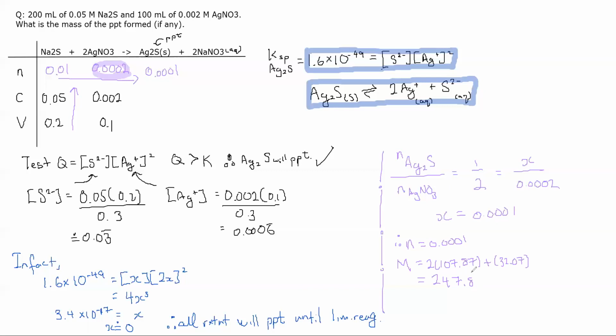Silver is 107.87 and sulfur is 32.07. So this is going to be 2 times 107.87 plus 32.07, 247.81. The mass, therefore, would be approximately, using sig figs, I can only have one sig fig, 0.0248, which is approximately 0.02 grams.